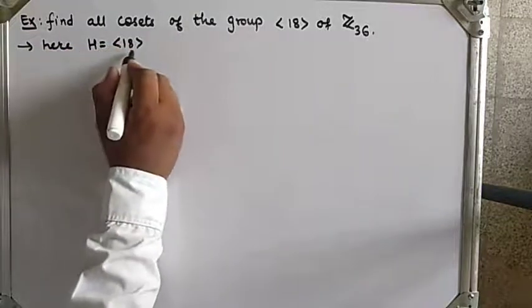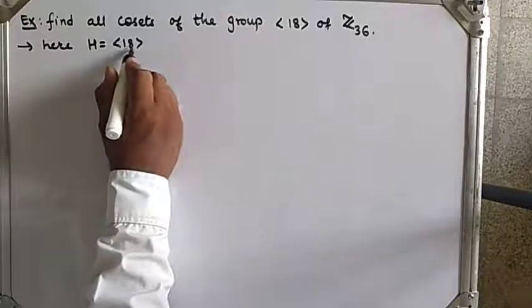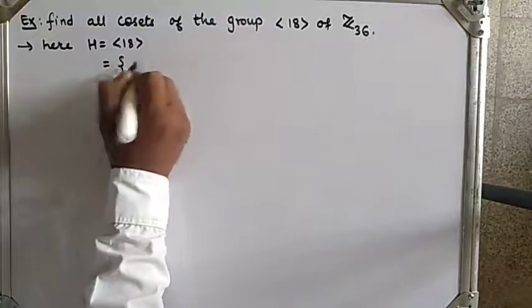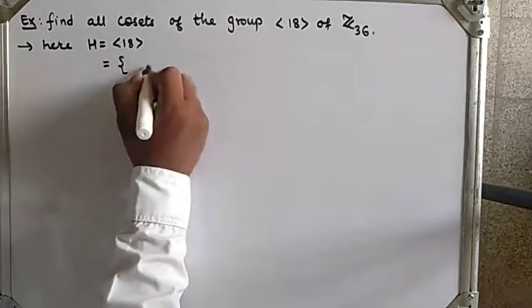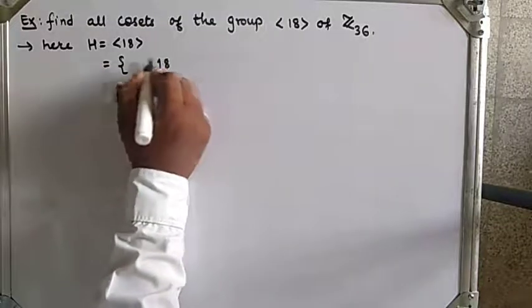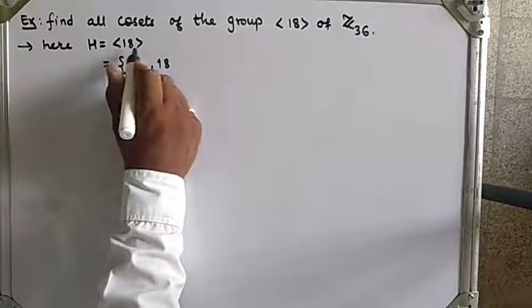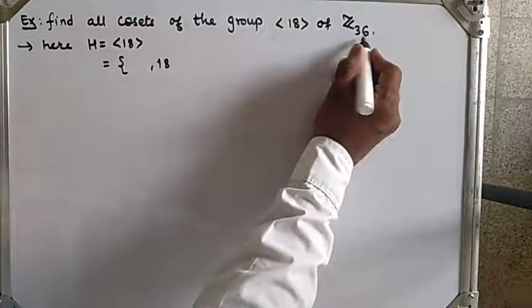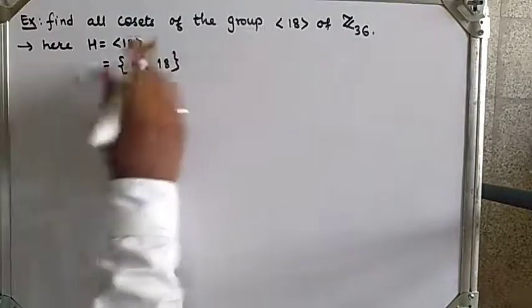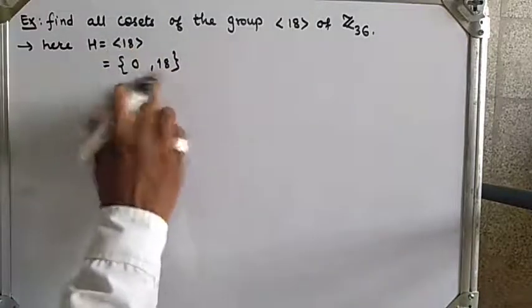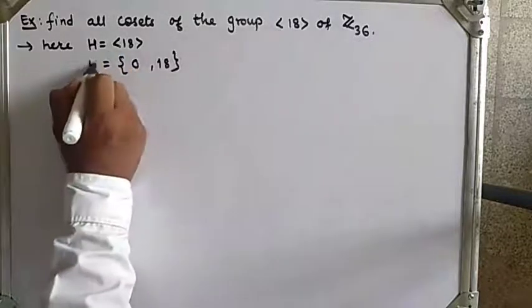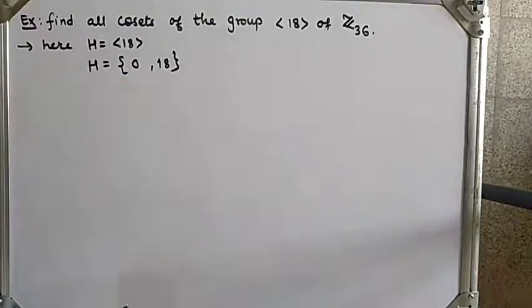If I generate this subgroup by 18, then first adding 18 one time we get 18. If I add 18 two times, then 18 plus 18 is 36, and 36 modulo 36 we get 0. So if I generate by 18, we get only two elements in Z36. So here H is {0, 18}.